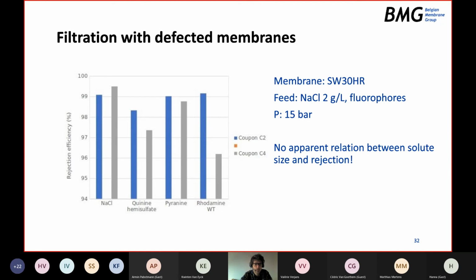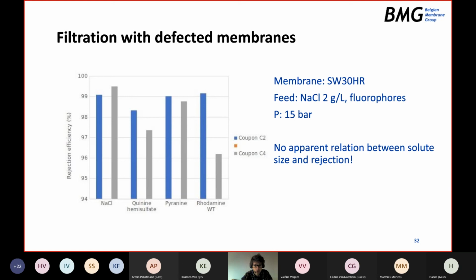So this is with membranes which are basically only damaged at the seals. But then if you look at the fluorescent indicators, you see that the rejection there is quite poor. It is comparable to the sodium chloride rejection.